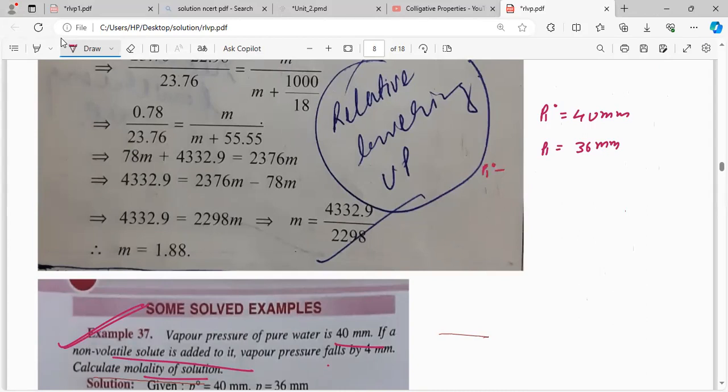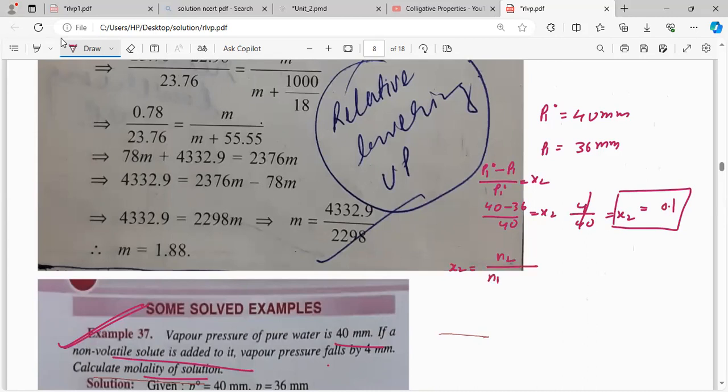So P1 naught minus P1 upon P1 naught is equal to X2. So 40 minus 36 upon 40 is equal to X2. So 4 by 40 is equal to X2, which is 1 by 10, 0.1. X2 is equal to N2 divided by N1 plus N2.